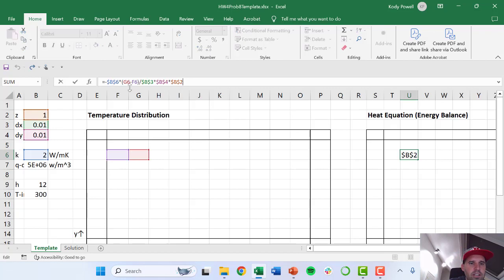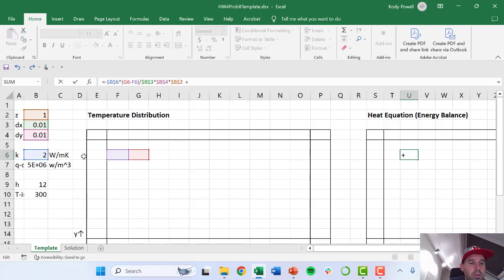So here you can see this term represents our x in term, and just to be organized here, I'm going to give myself a couple of spaces for adding in my next term. So my next term is going to be the x out term, and that is similar.